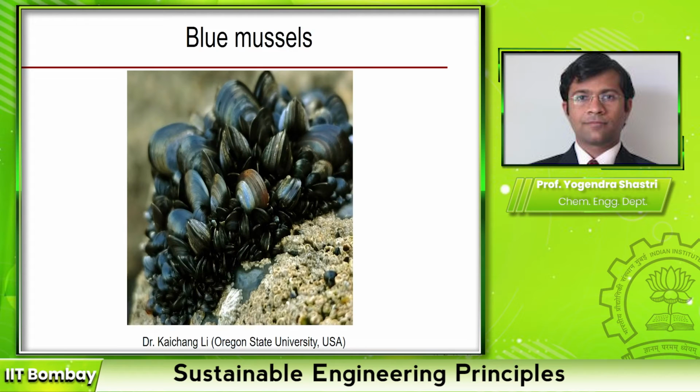The third example is coming from a chemical domain, and this relates to glue, specifically industrial glue. If you look at any construction activity, there is a lot of wood involved, and in order to stick multiple pieces of wood together, glue is often used.